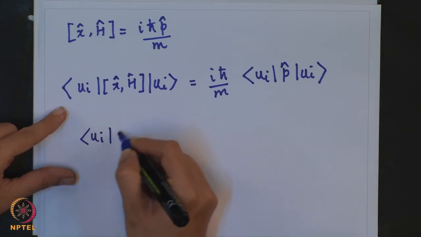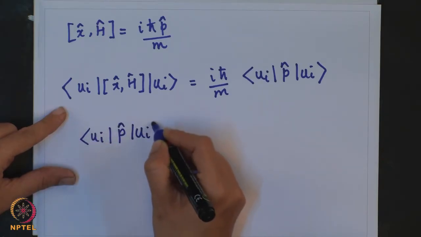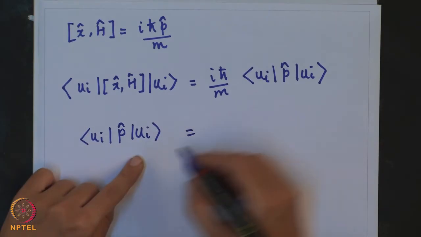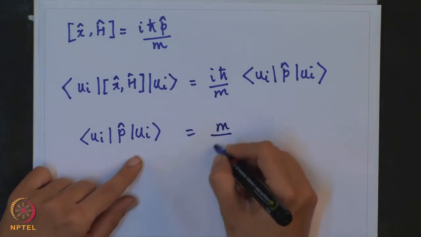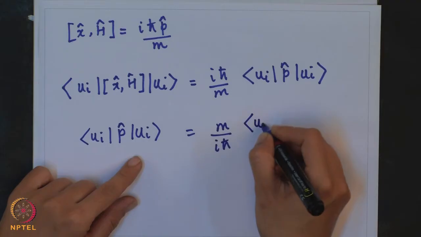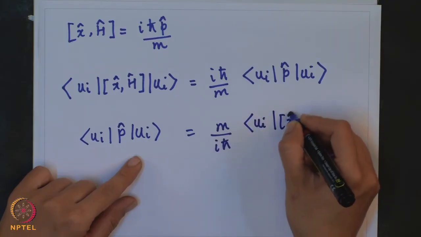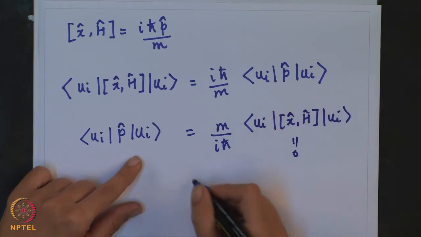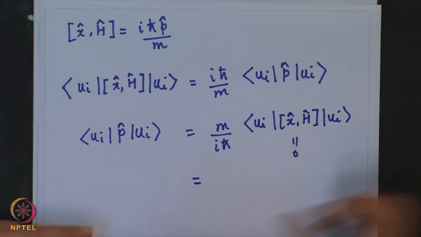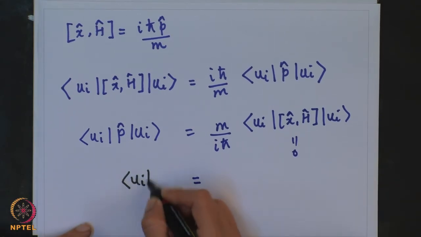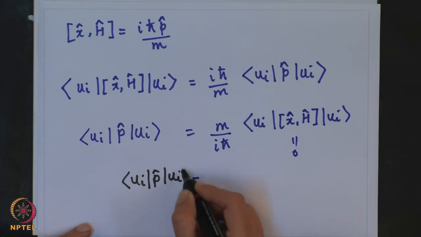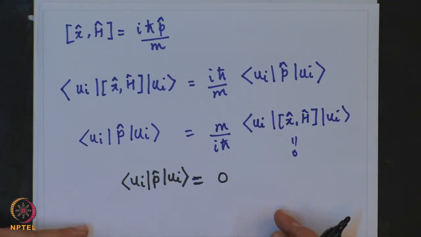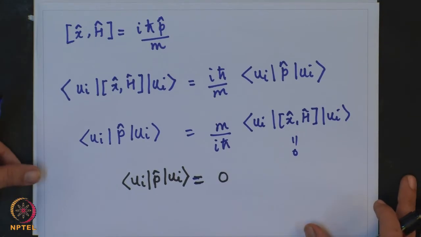So, <u_i|p|u_i>, the mean momentum of the state u_i, will be equal to m/(iħ) times <u_i|[x,H]|u_i>. This we know is 0. So, what we obtain in this result is the mean value of the momentum operator is 0. It is very easy to show this.